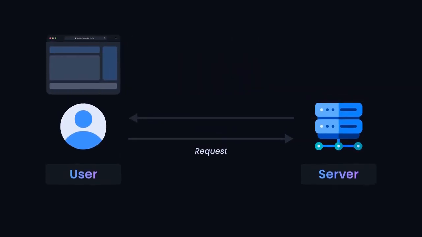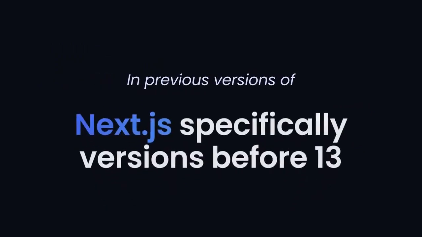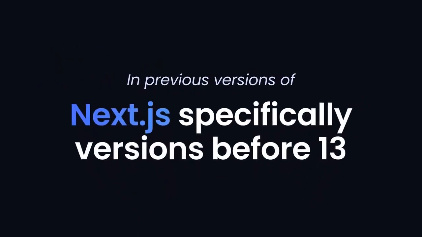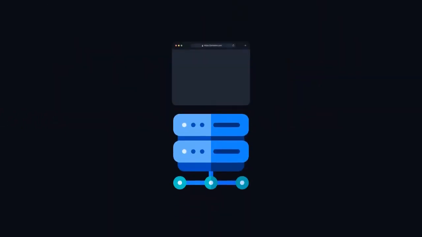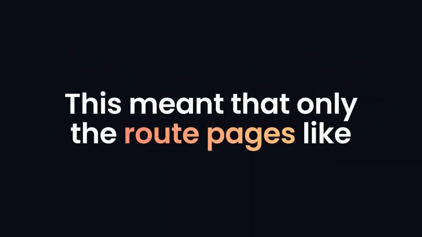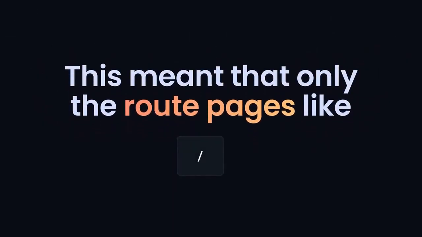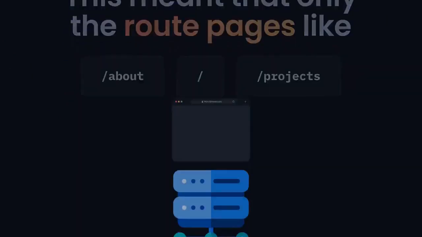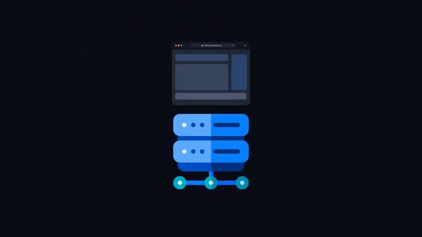required outcome. In previous versions of Next.js, specifically versions before 13, we faced limitations where server-side rendering was restricted to individual pages. This meant that only the route pages like /about, or /projects, and so on, could be rendered on the server side.